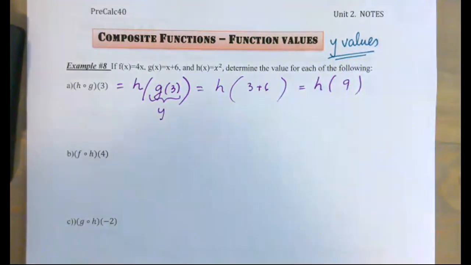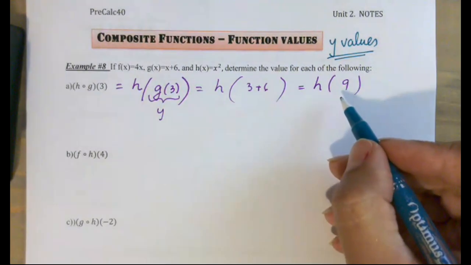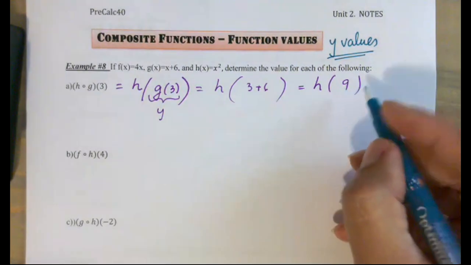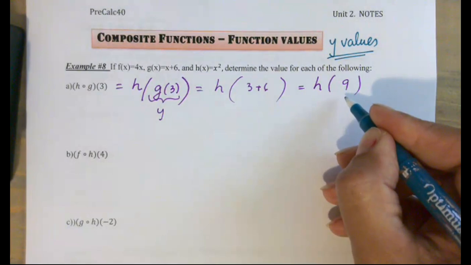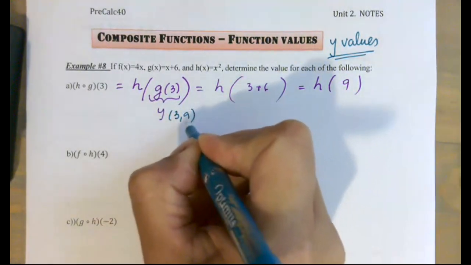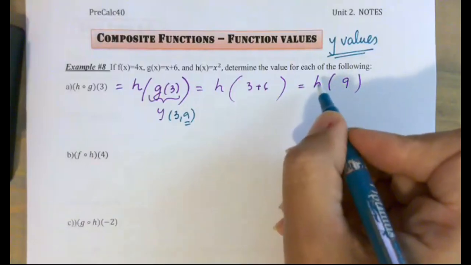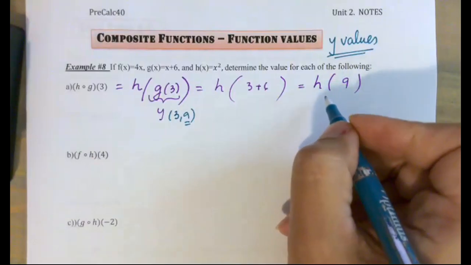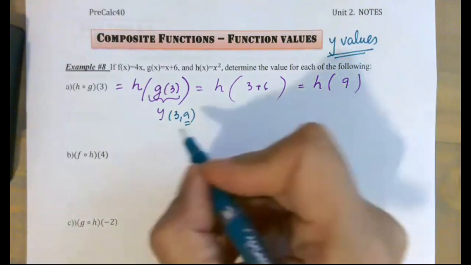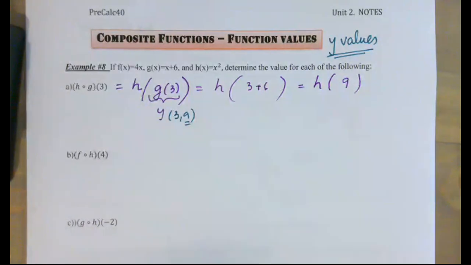Now this 9 is the y value of the function g when x is 3, right? So for the function g, we have that point 3, 9, and we found this 9 through this work here. Now for the function h, we have a new input, the output of the function g, which is 9. And I have to go to that work.